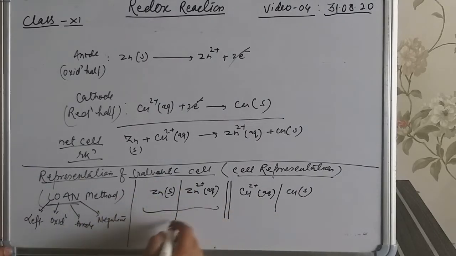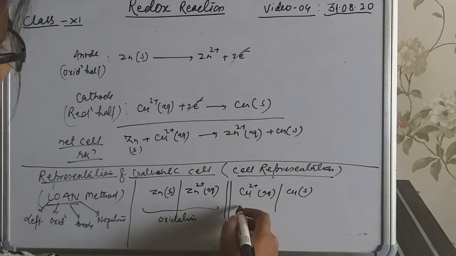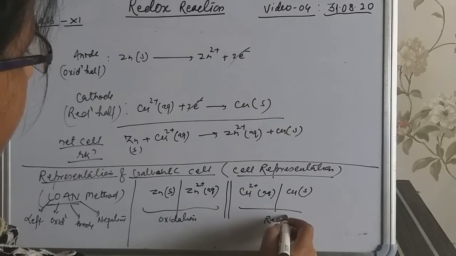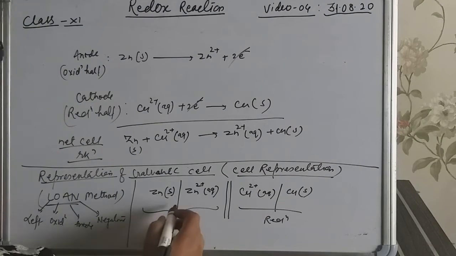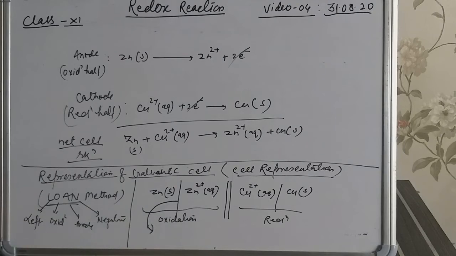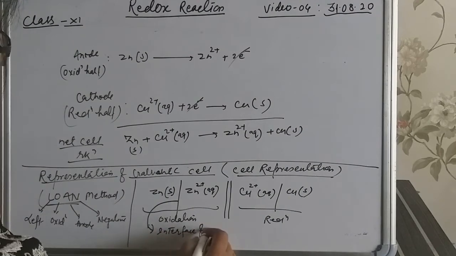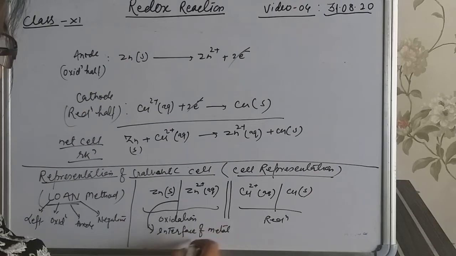So here oxidation takes place and here reduction takes place. And what is this? This is simply the interface of metal and its solution.